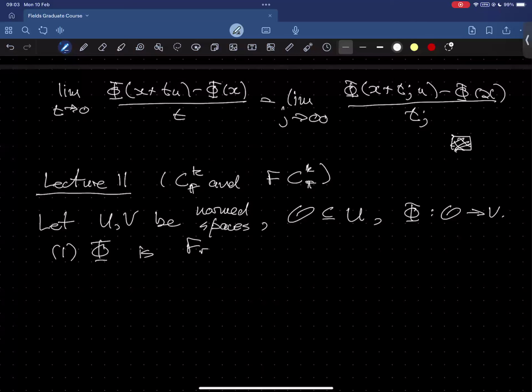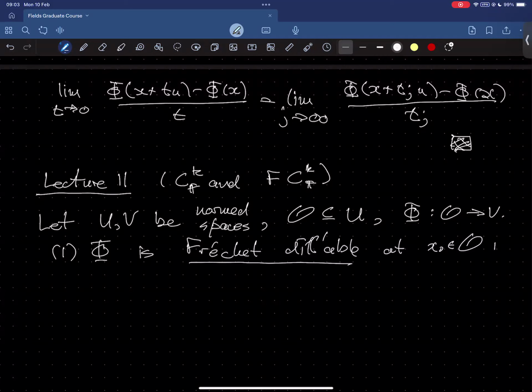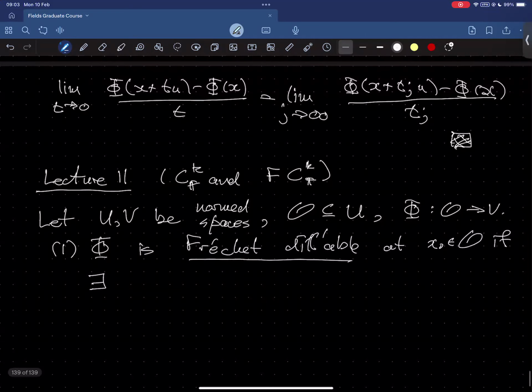And we'll say that the mapping phi is Frechet differentiable at a point x naught in O if there exists a linear mapping, which is the derivative, and I'm going to give it this particular notation.